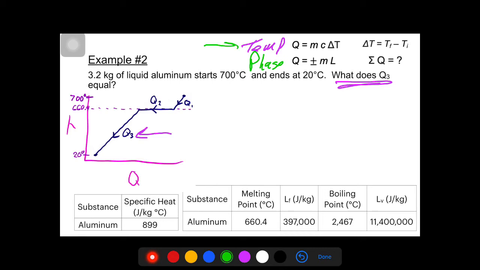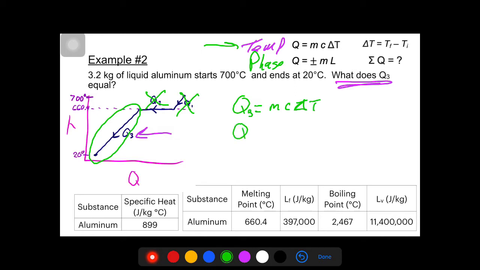And that's exactly what this is. So I'm only looking at Q3, and I want to draw your attention to something: when we talk about Q3, we are only talking about that. We are ignoring Q1 and Q2. We are focusing on Q3 and Q3 only. So Q3 is aluminum. So it's a temperature change. So Q3 is equal to MC delta T.